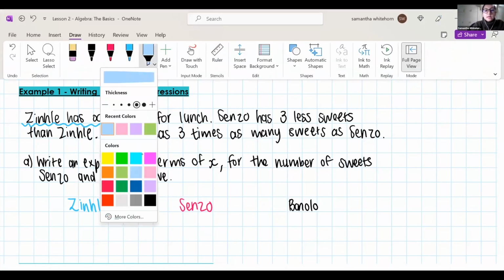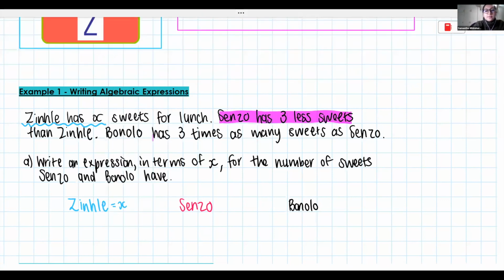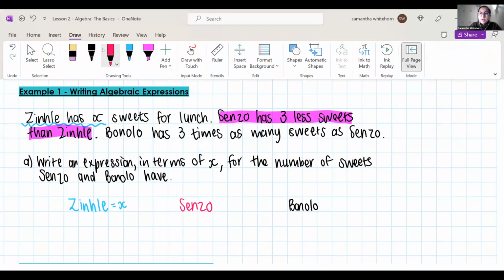We were told that Senzo has 3 less sweets than Zintle. So grade 8s, on the chat for me: what would the expression be to say how many sweets Senzo has in terms of x? What would that look like if we wanted to write an expression to tell us that Senzo had 3 less than Zintle?